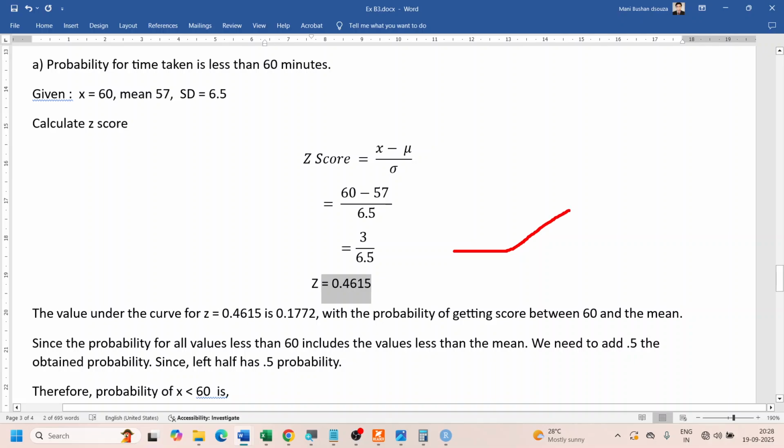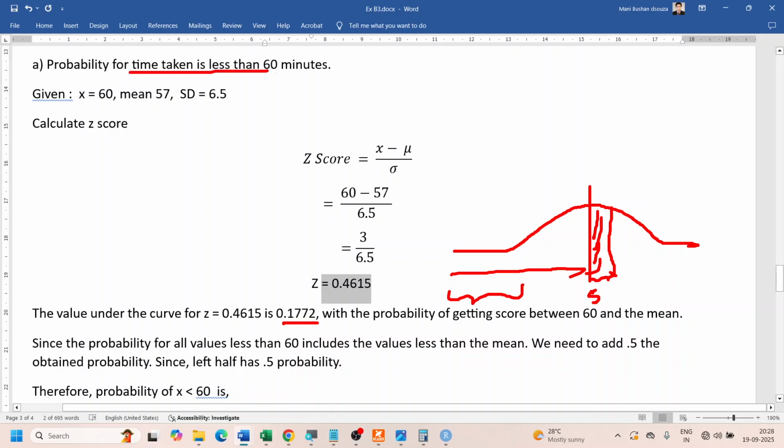So this is the curve. This part is only from 50% to that 60%. Only this 10% value is 0.1772. But I have already told you, because it is the time taken less than 60, you have to add the remaining. So this is only 10% here, 50 to 60.